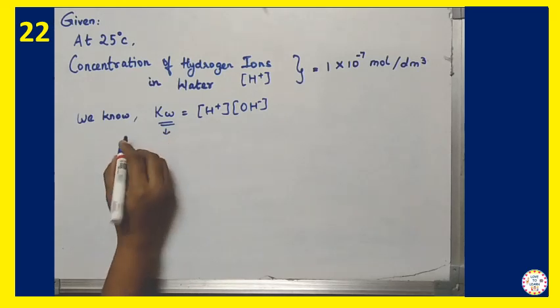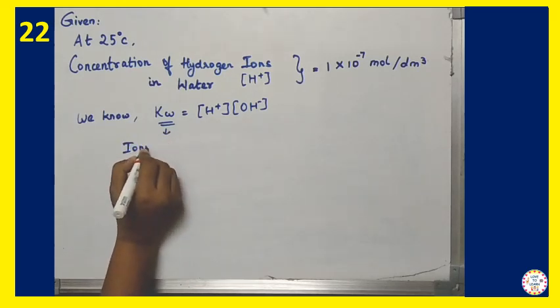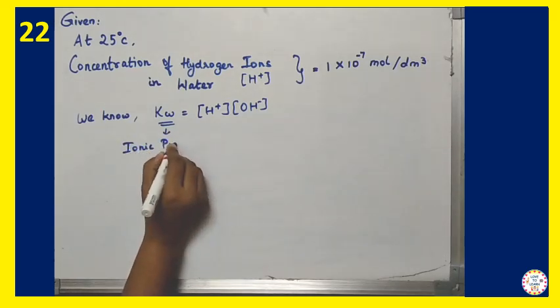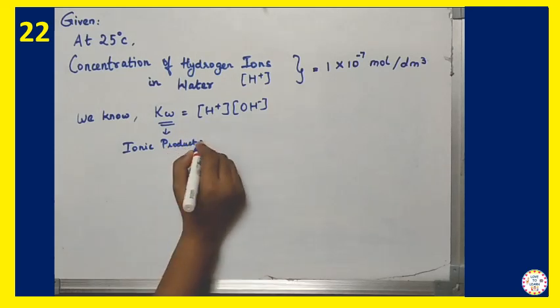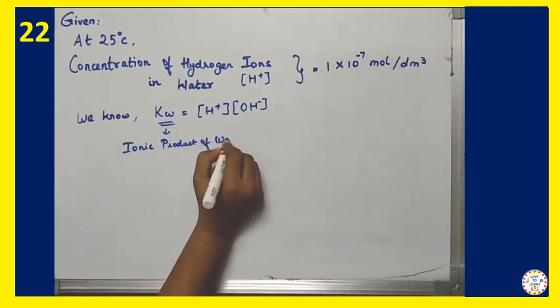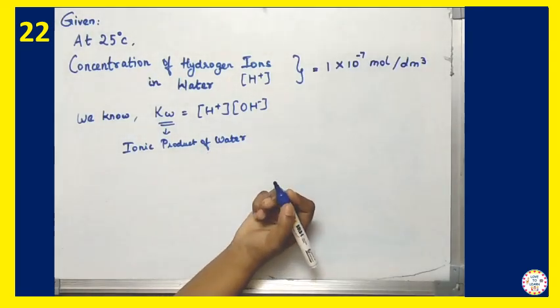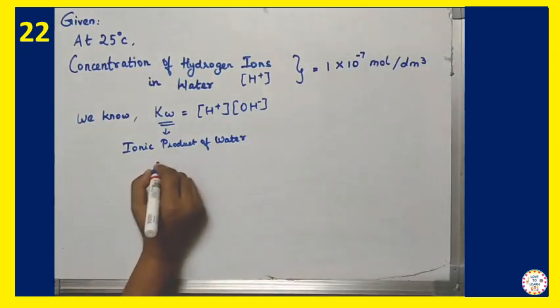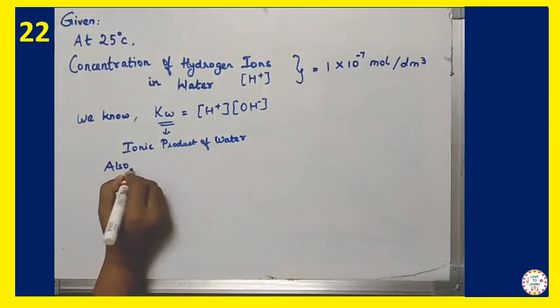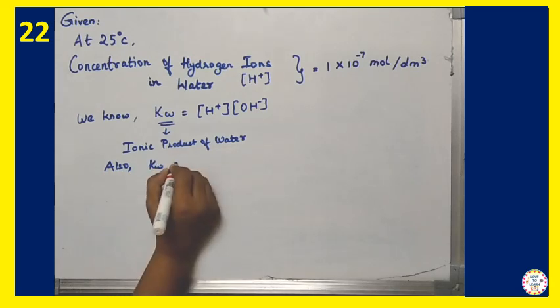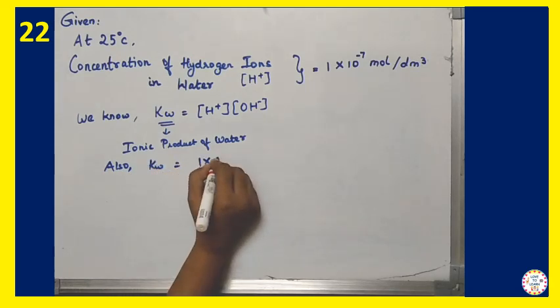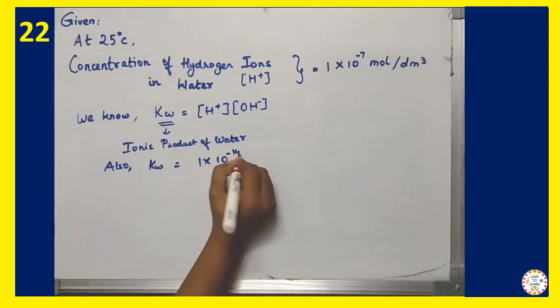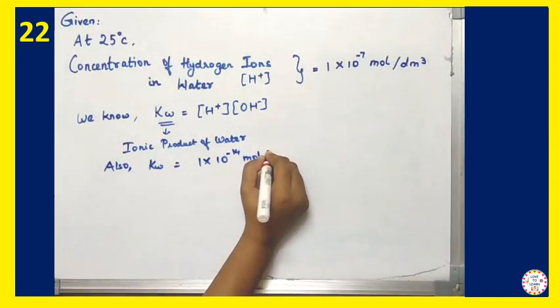This is the ionic product of water. Also, the Kw value is 1 into 10 power minus 14 mole per dm cube.